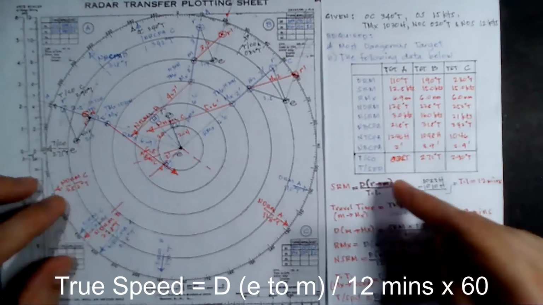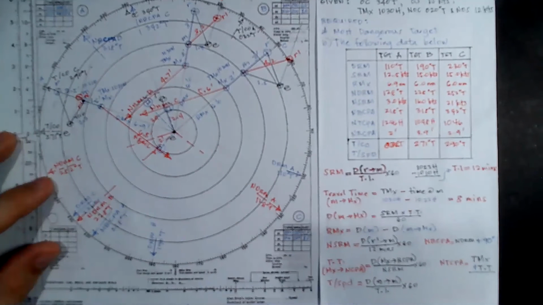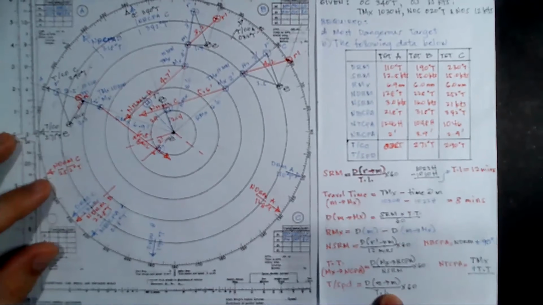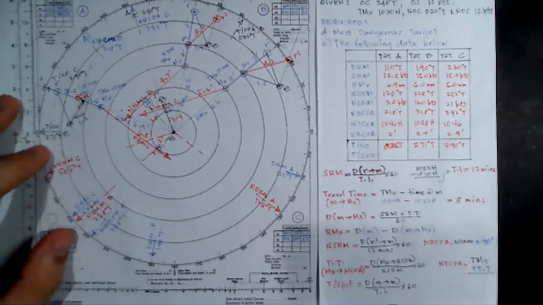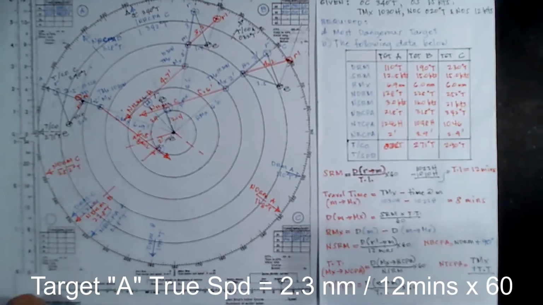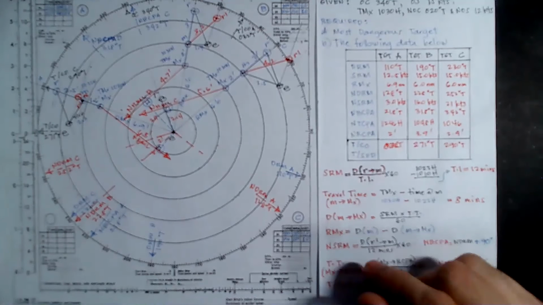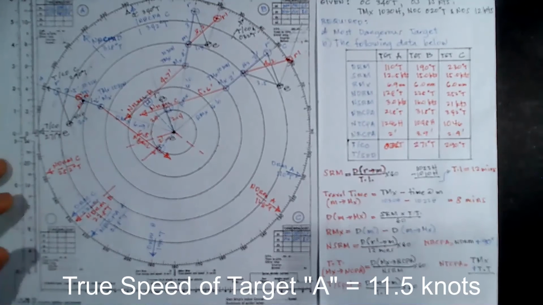So given your formula here, target true speed is the distance from E to M divided by the time interval times 60. So 2.3 divided by 12 multiplied by 60 would give us 11.5 knots.